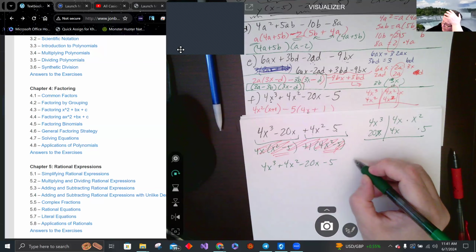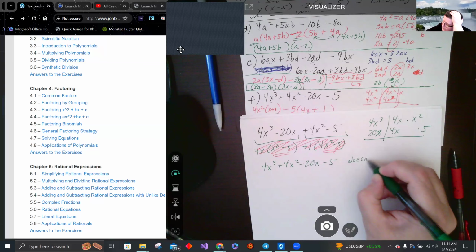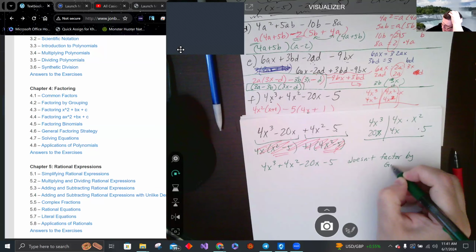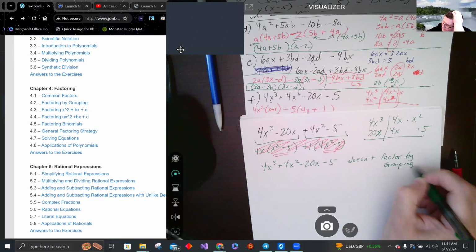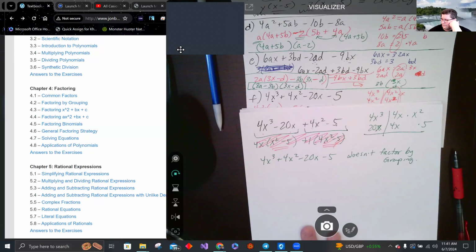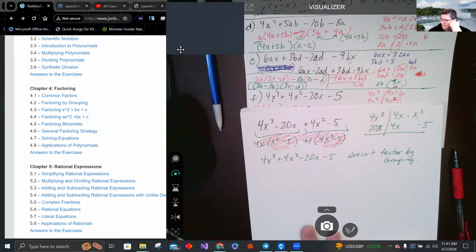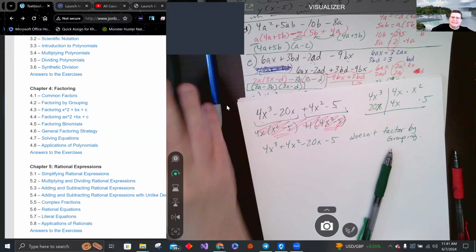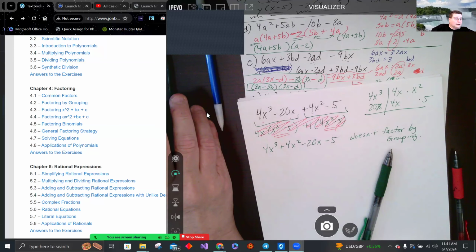Apparently it doesn't factor by grouping. Interesting. All right. I wouldn't have guessed that by looking at it.